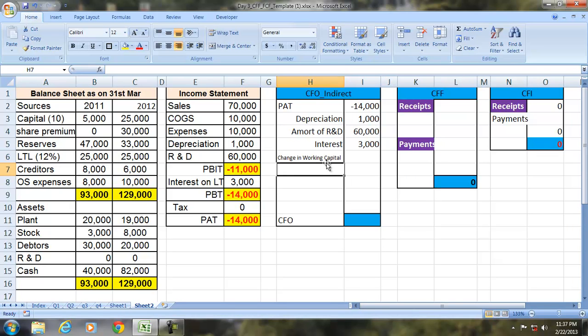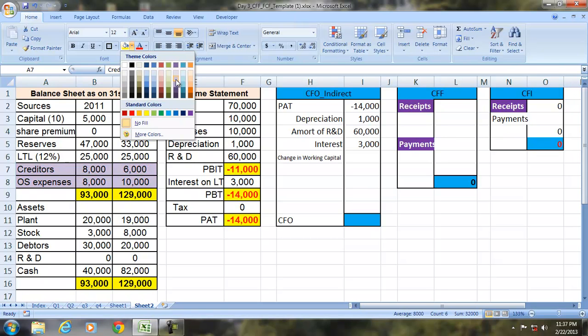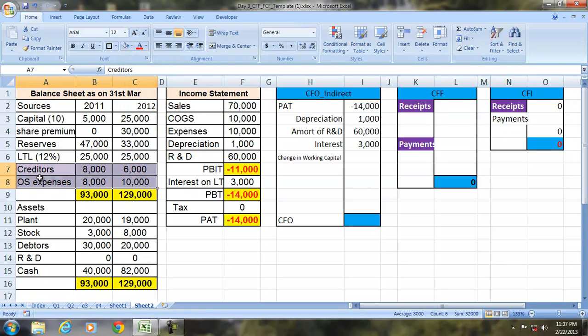Then we'll see the changes in our working capital. The working capital items are the operating working capital. The current liabilities are creditors and outstanding expenses. The current assets are stock and debtors.